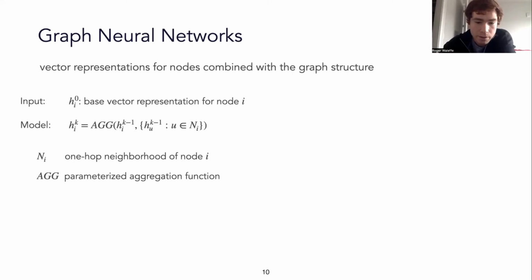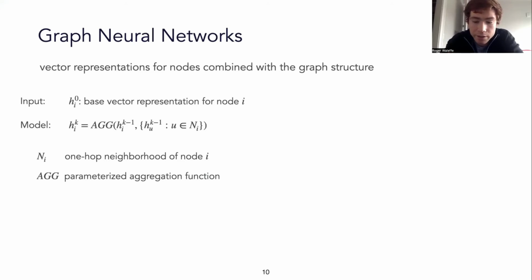More explicitly, a GNN takes as input a base vector representation for each node i, which we denote by H superscript 0. And these can be node features, or they can be learned parameters part of the ML model. Then the GNN produces higher level representations for a node i by combining its own vector representation with the vector representation of its neighbors.